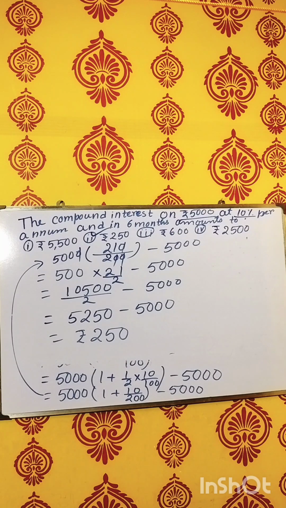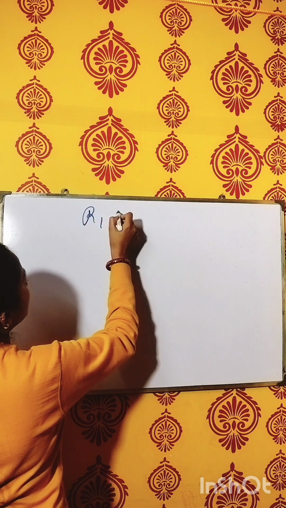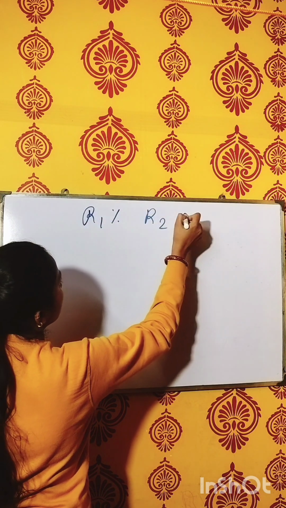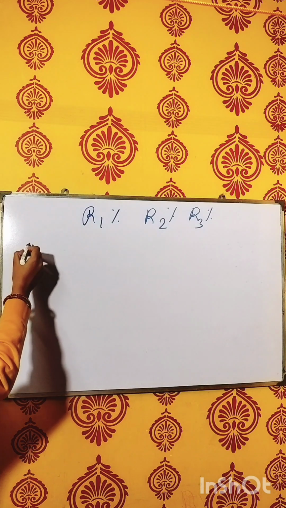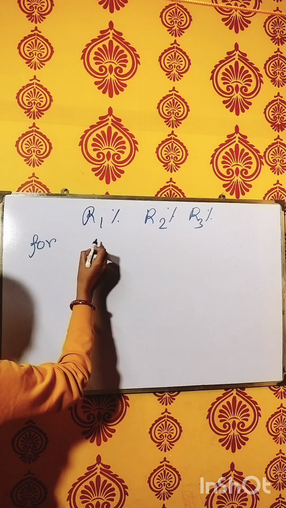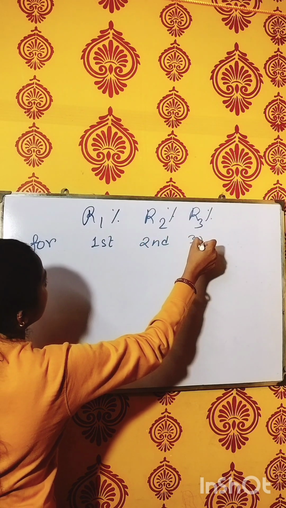Now we will learn about our new formula, when the rates of interest are different for different years or successive years. Say R1 percent, R2 percent, R3 percent for the successive years like first year, second year, third year.